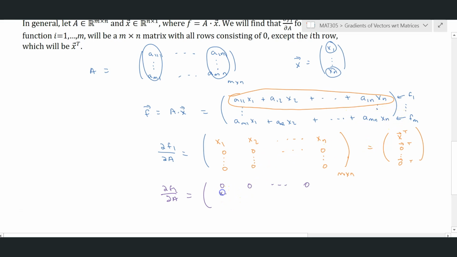So this will, in the second row, return x1, x2, all the way up to xn, and then zeros all the way down. So this will return the 0 vector transposed, the x vector transposed, all the way down to the 0 vector transposed.